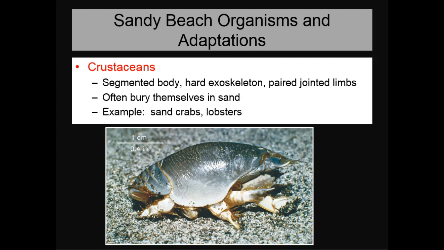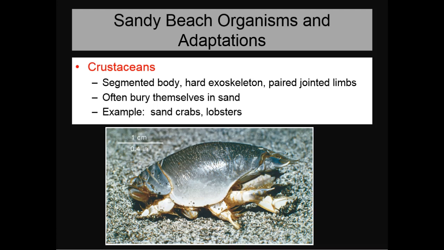Here's an example of a crustacean. You can see we have things like sand crabs, lobsters, crayfish. These are all organisms that have an exoskeleton, so a skeleton on the outside, usually made of chitin, usually having jointed limbs.